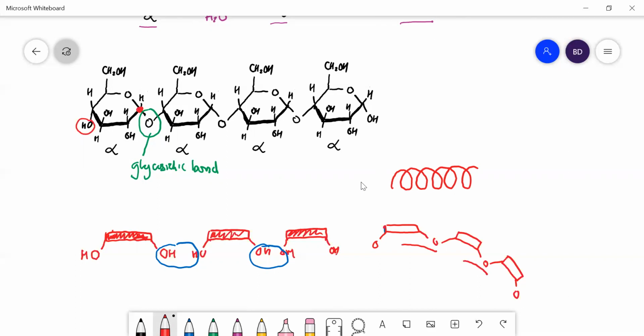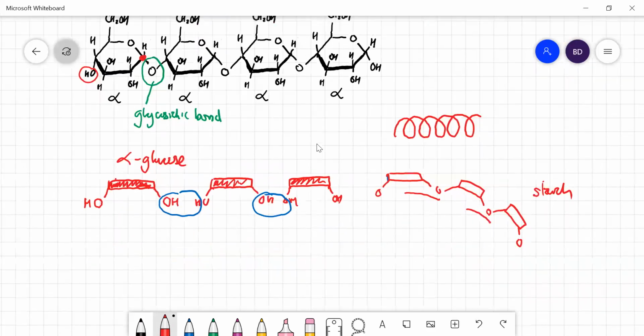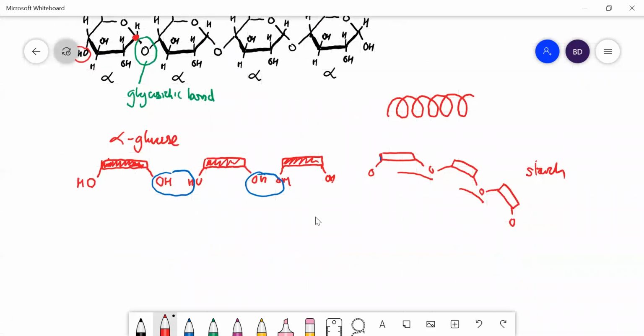Now let's see how the situation is different with beta glucose. This is starch, of course, and this is the alpha glucose. Beta glucose forms cellulose, which is different. I'll do cellulose in a different color.